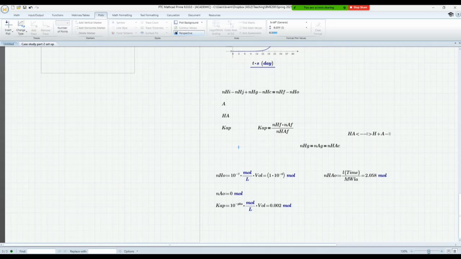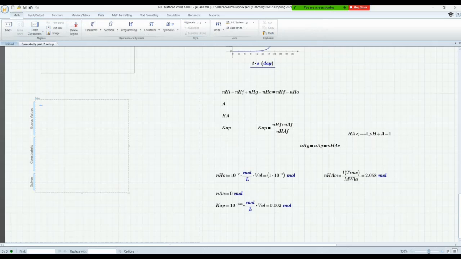So now we can simplify this. We need to make a solve block here where we put the guesses for all the unknowns in this system. The unknowns are these: H initial, A initial, H final, A final, because we're trying to find the final pH, how much HA is consumed, and how much HA final is going to be an unknown.